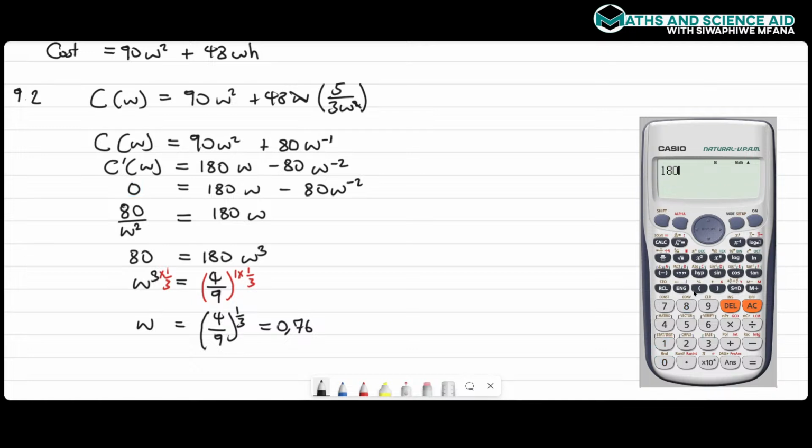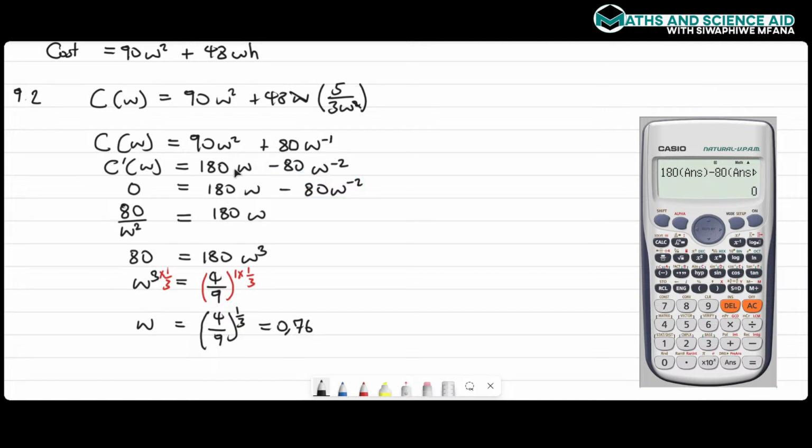What is 180 multiplied by this answer, minus 80 into W, which is our answer, to the power of negative 2? Yeah, that is equal to 0. So we have solved for W correctly here.